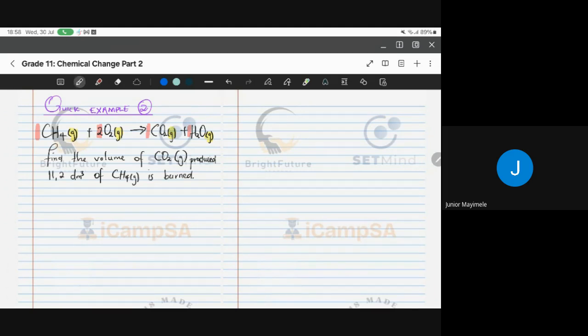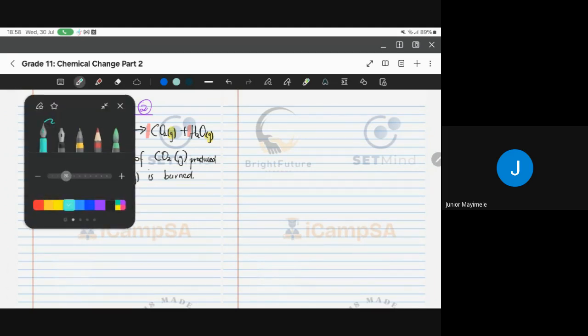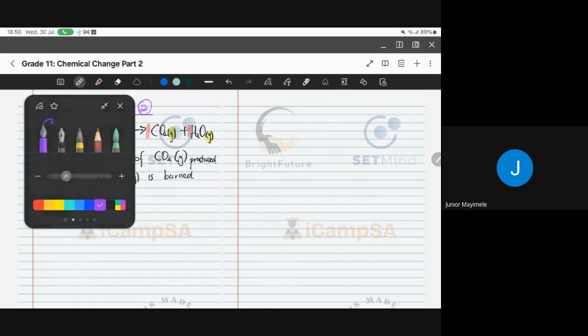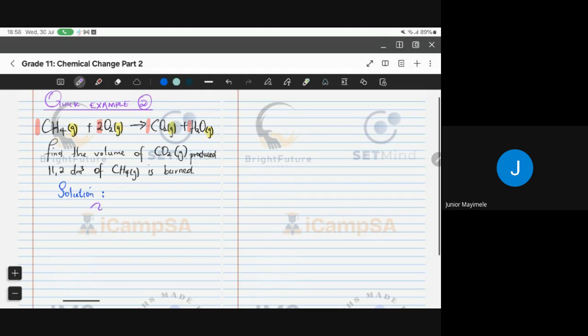Let me write it. Let's say this is our solution, and we have the ratio of CH4 gas to CO2 gas. Our ratio happens to be 1 because of this coefficient, right? 1 is to, also next to carbon dioxide, there's a 1 there.